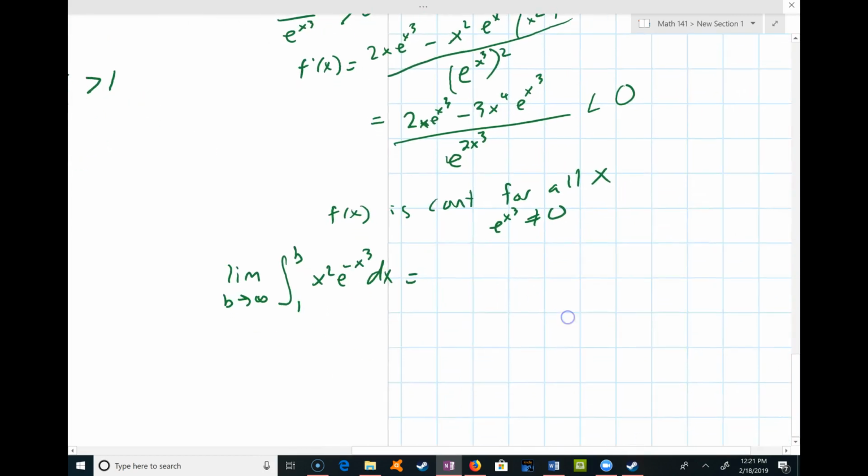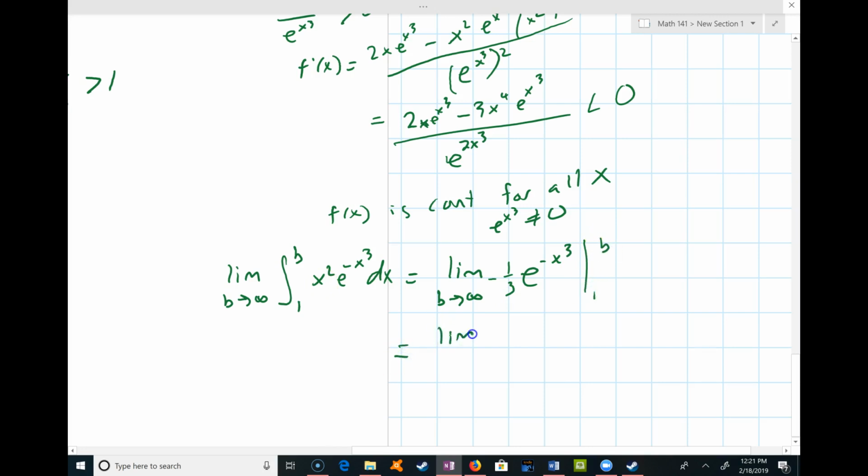And that's a classic u substitution. So that's going to be the limit as b approaches infinity of e to the negative x cubed, and the derivative is going to kick out a negative 3x squared, so we need a negative 1/3 because the x squared is there. And that's evaluated from 1 to b.